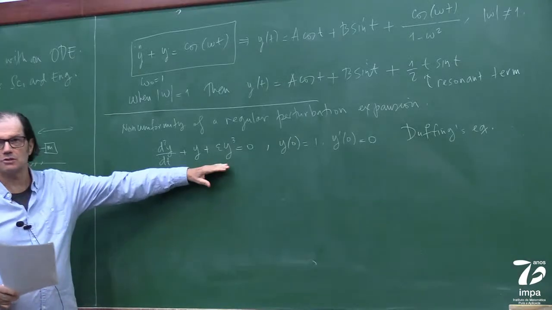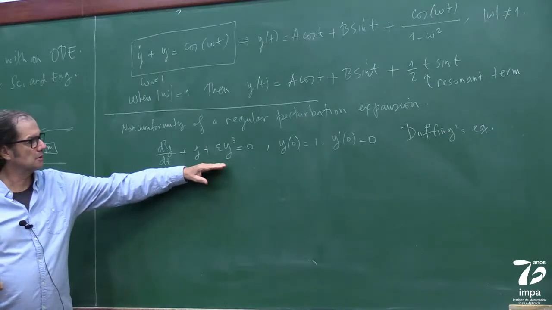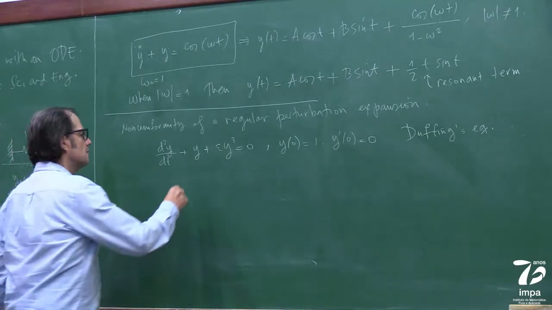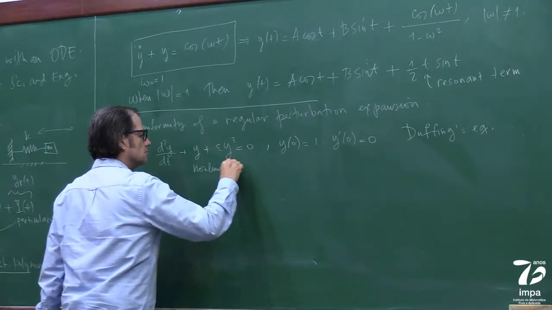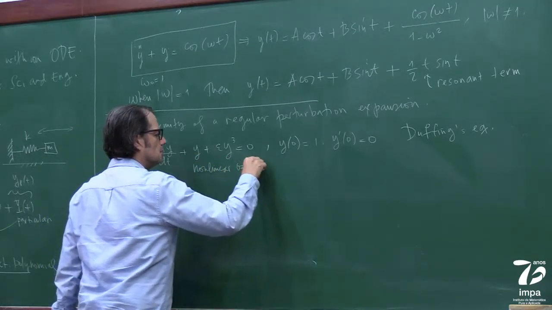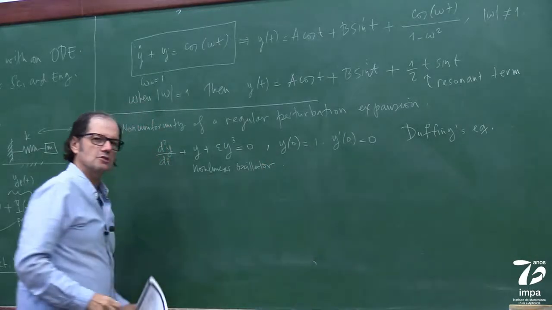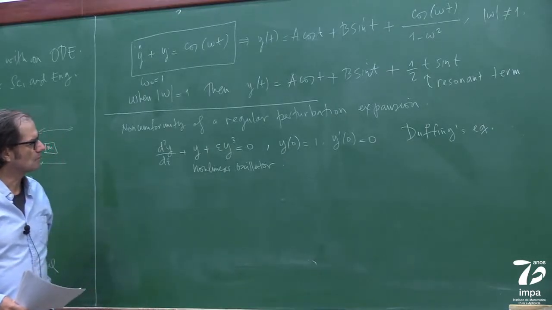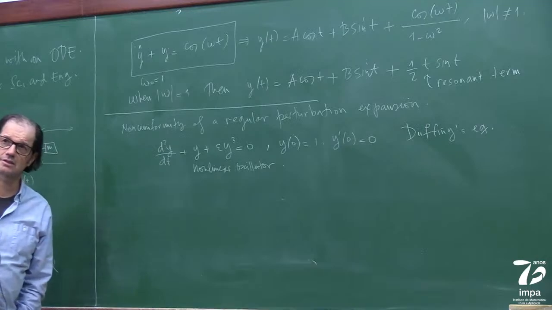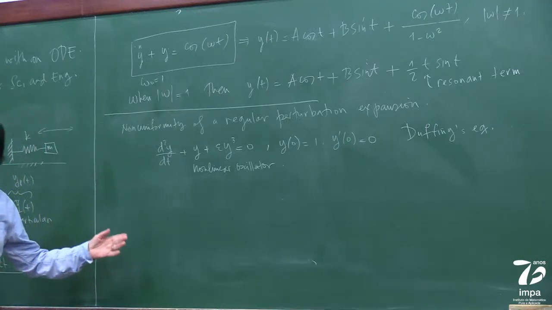So Duffing's equation can appear in many different ways. One way to think of it, because of this term, is a nonlinear oscillator. It has many things of interest. It can be a dynamical system with chaotic regime.